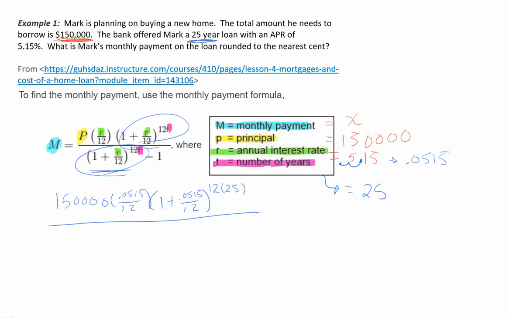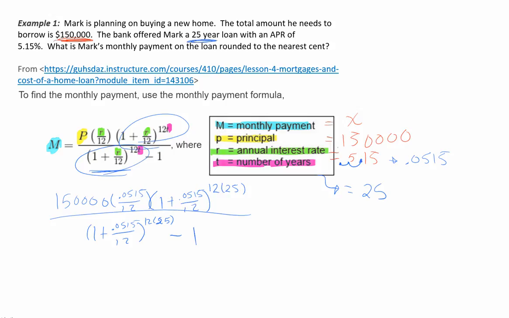Okay, so then 1 in parentheses plus 0.0515 divided by 12 to the 12 times 25 power minus 1.